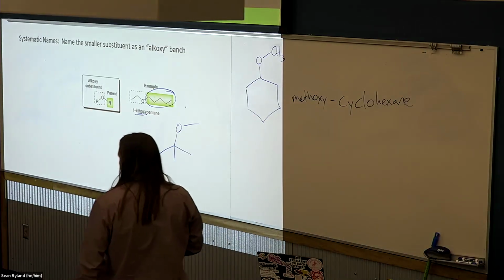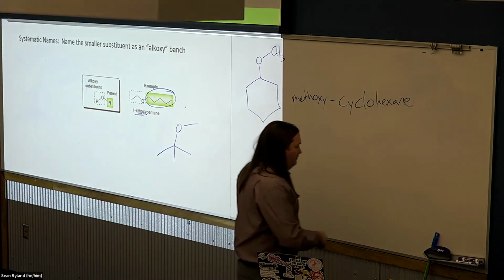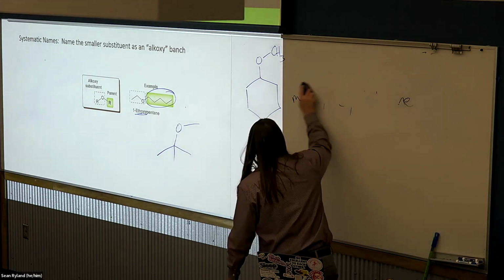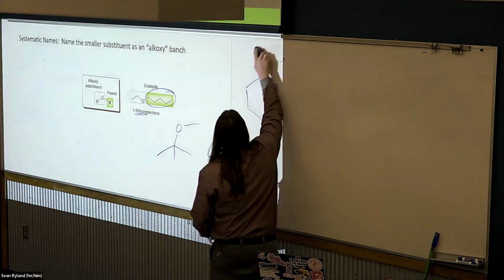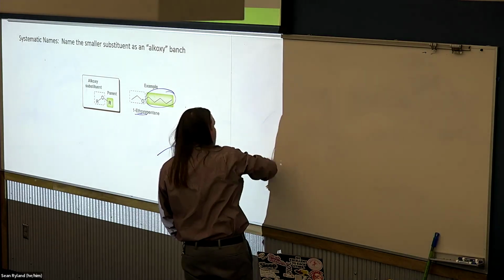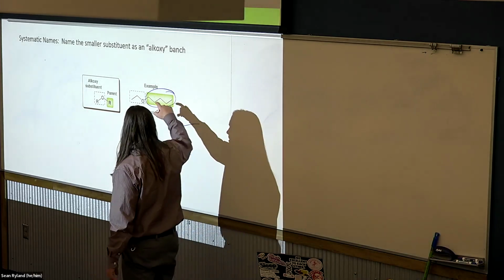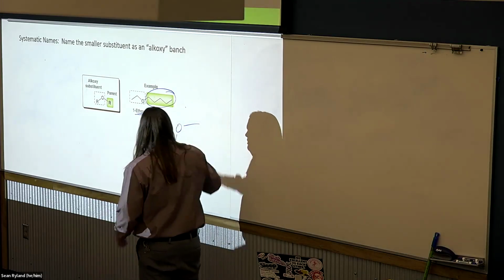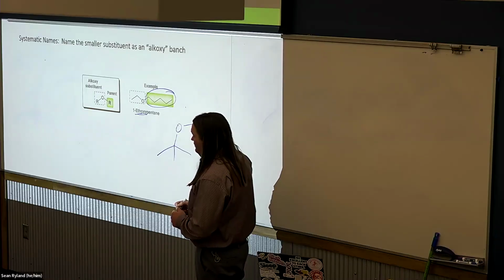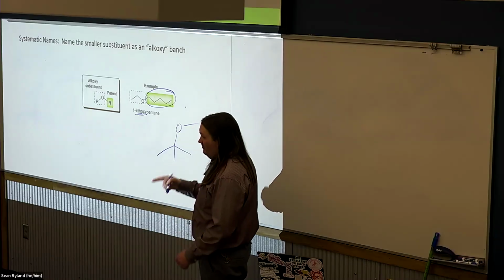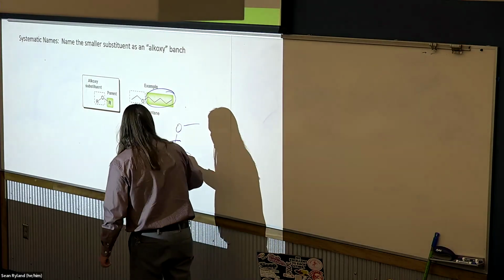So MTBE was the structure. We'll name this one because this is a good practice one, and then we'll be done for the day. So our parent molecule is tert-butyl, but you don't even need to say tert-butyl because of our longest continuous carbon chain.